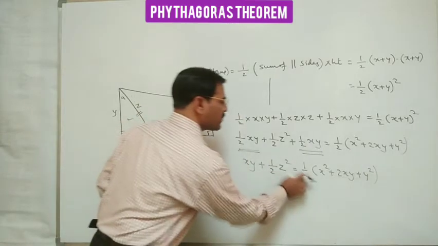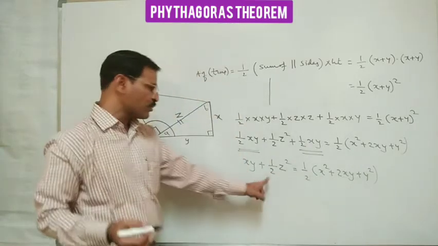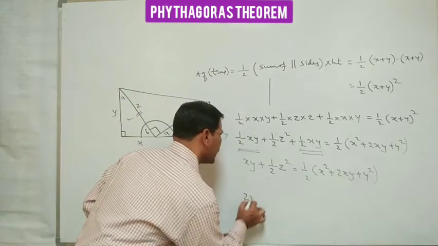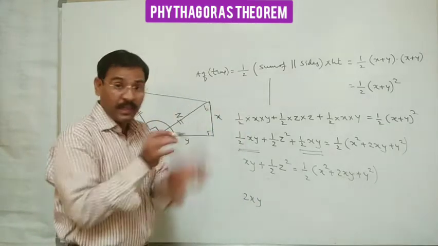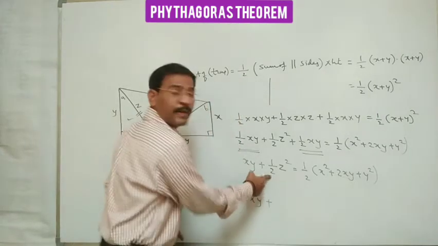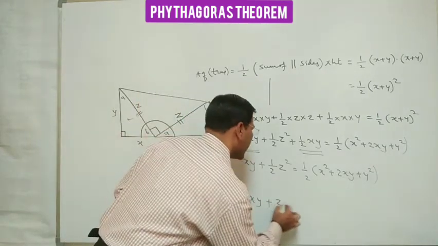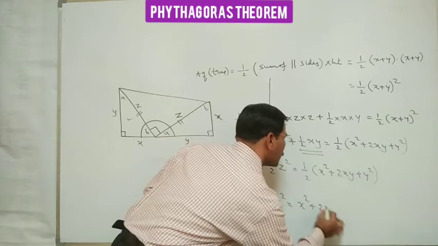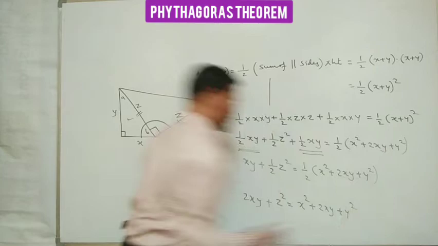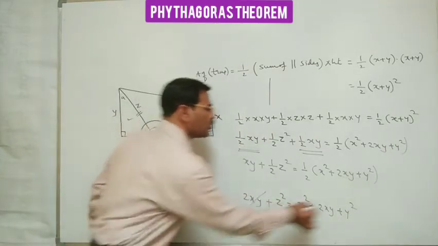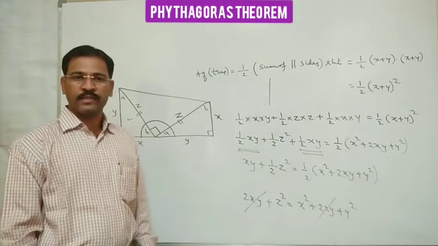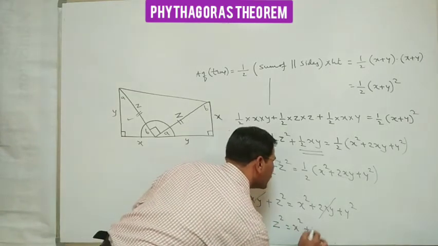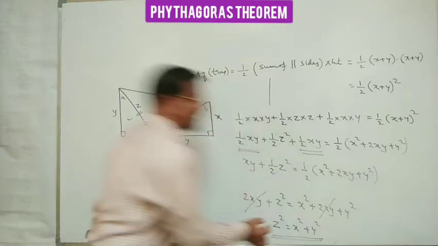These two, I'll just multiply both sides by 2, because 2 here, 2. After multiplying by 2, here it is 2xy, that 2 removes, it is z square. Here also that 2 removes, so x square plus 2xy plus y square. If you observe these two sides, 2xy is there, so what remains is z square equal to x square plus y square.